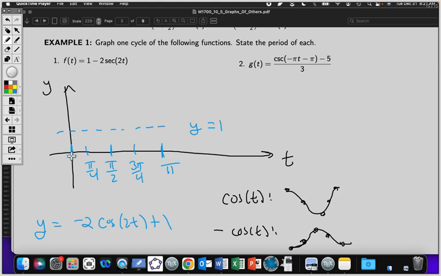So if we start at y equals 1, our cosine curve would start down here at y equals negative 1. And then we would move to the baseline, the middle, at pi over 4, which would be up at 1. Pi over 2 would be the high point. That would be 2 units above the baseline, up here at 3. At 3 pi over 4, we'd be at the baseline, and at pi, we're back to negative 1. So we can connect these in a nice little wave-like fashion, and there's our cosine curve.